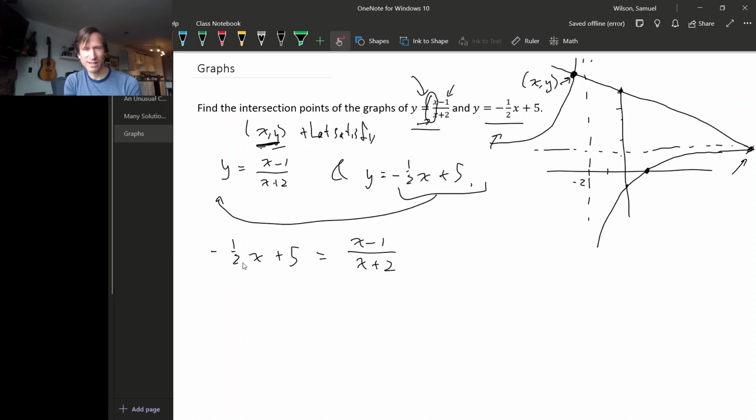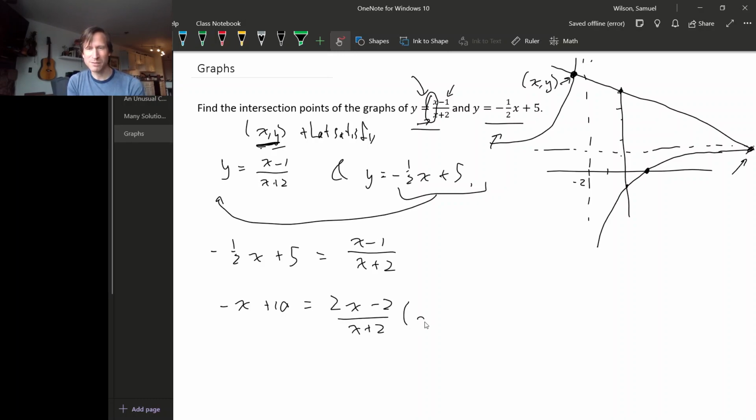I don't really like having this 1/2 here, so why don't we multiply both sides by 2? Sure, couldn't hurt. So minus x plus 10 equals, and then when we multiply the right-hand side by 2, we have to decide where to put it. Let's distribute it into the numerator. So 2x minus 2 over x plus 2.